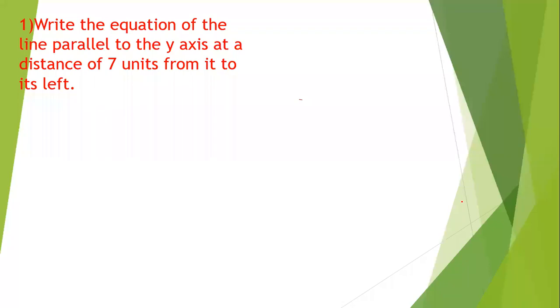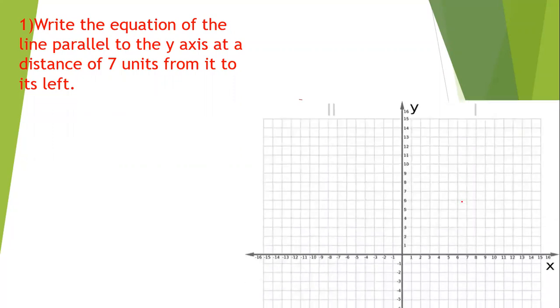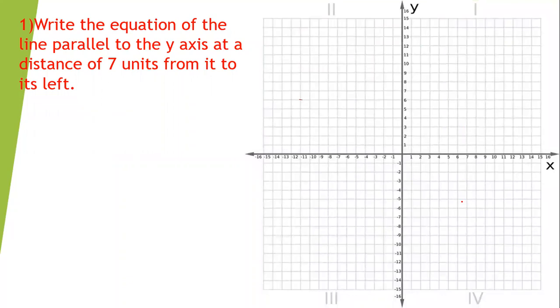Now, let us solve one example from the book. Write the equation of a line parallel to the y-axis. This line is parallel to the y-axis at a distance of 7 units from it to its left. So let's see. On a graph paper, we have to draw first the x-axis, then the y-axis, and then mark the origin also.